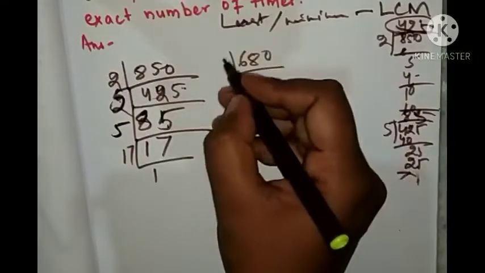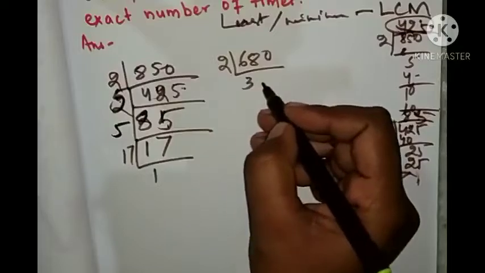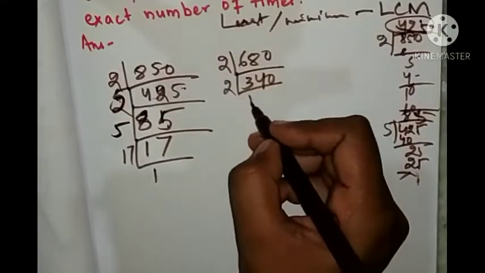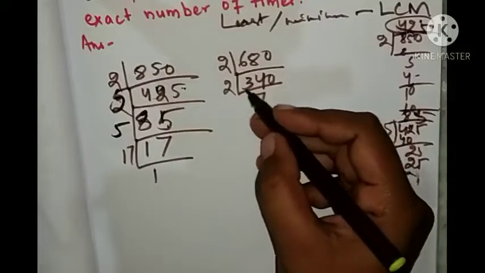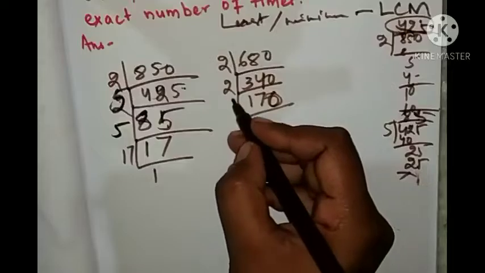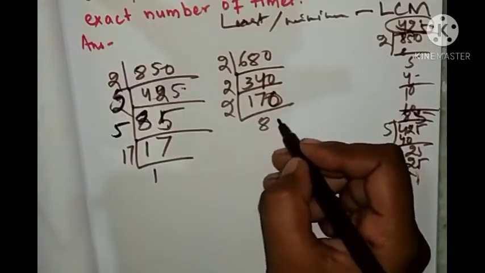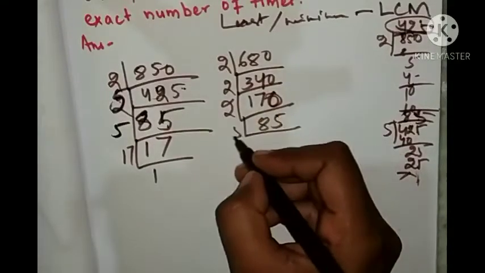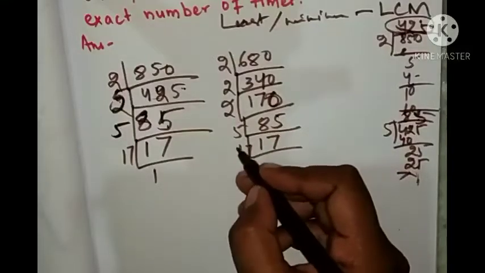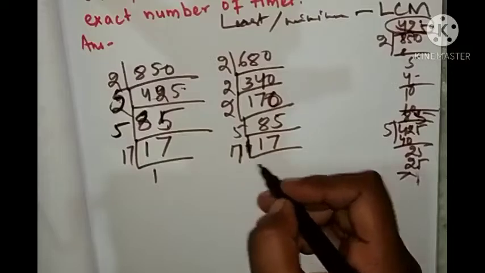Next we'll do the prime factorization of 680. Let's find out. 2 3s are 6, 2 4s are 8, 2 0s are 0. Next 2 1s are 2, 2 7s are 14, means 2 17s are 34, 0, 2 0s are 0. Next 2, 2 8s are 16, 2 5s are 10. Next 5 17s are 85. Then 17 1s are 17.